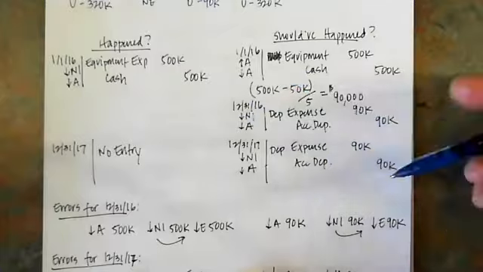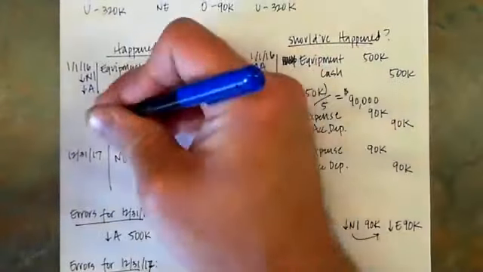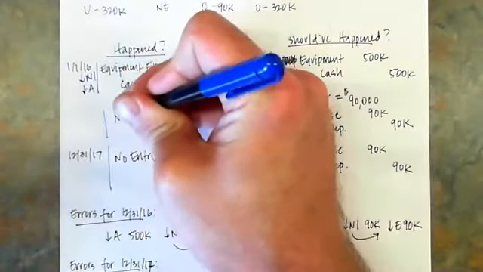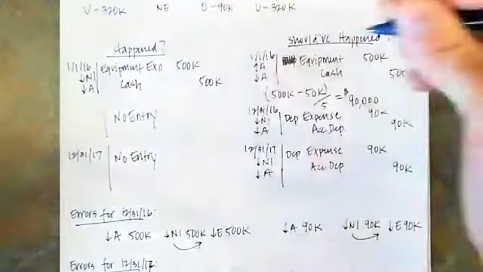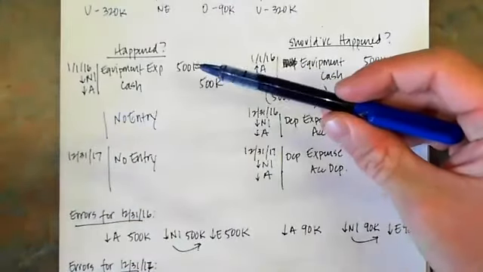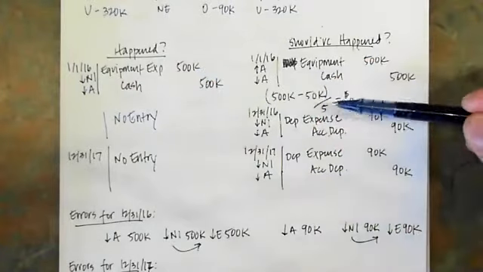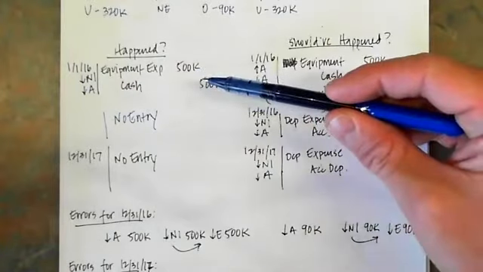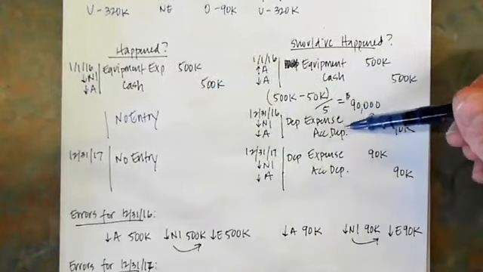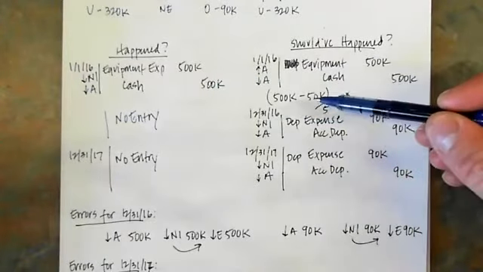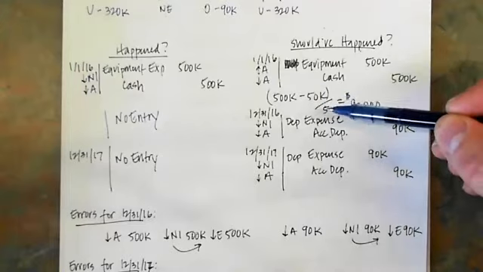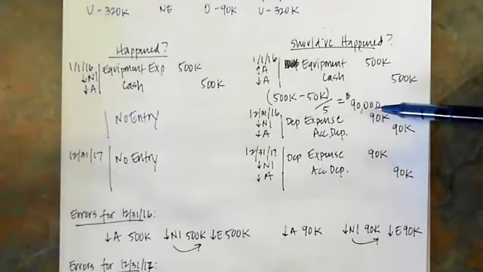At the end of the year, I didn't put it over here, but there would be no entry, because the only reason to record depreciation expense is to start to match the expense of the machinery over time. They did it all at once. So we calculate depreciation expense. It's the historical cost less the salvage value divided by the useful years, which gives me 90,000.